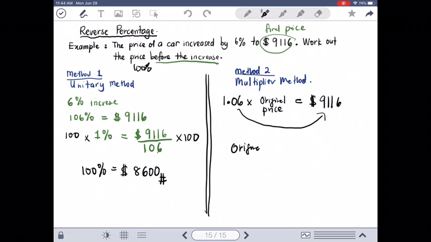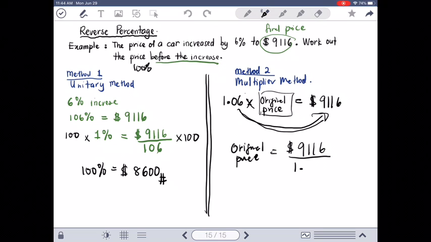So original price. We just want the price of the original, so we need to bring the multiplier to the right hand side. So from multiplication it becomes division, divided by 1.06.